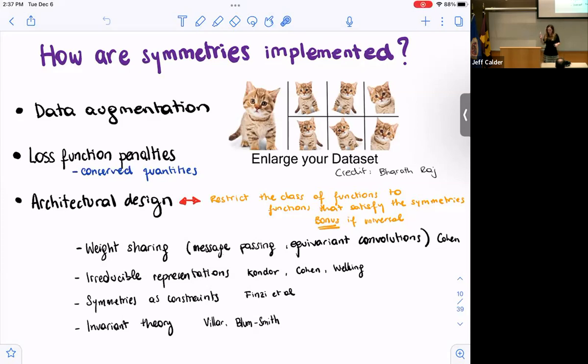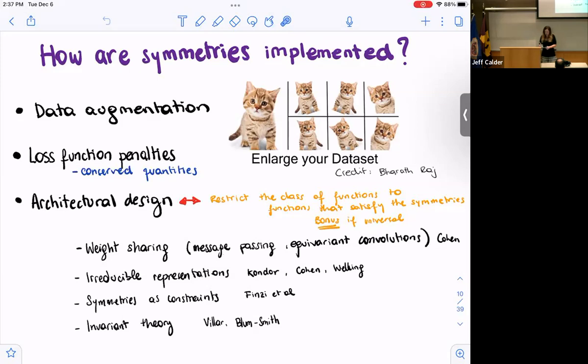But what I'm going to explain today is how to do it by restricting the class of functions to the functions that satisfy the symmetries. And I guess that you get something nicer if the class of functions that you obtain in the end can express or approximate all the equivariant functions. In the past years, there have been a lot of papers that design machine learning models that are equivariant.